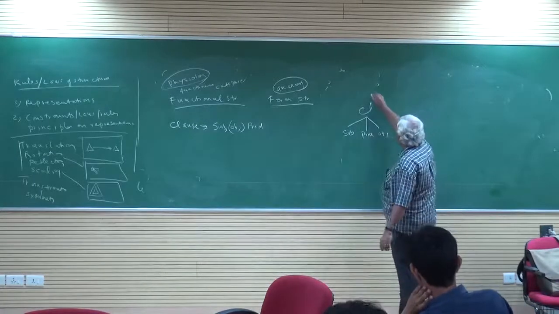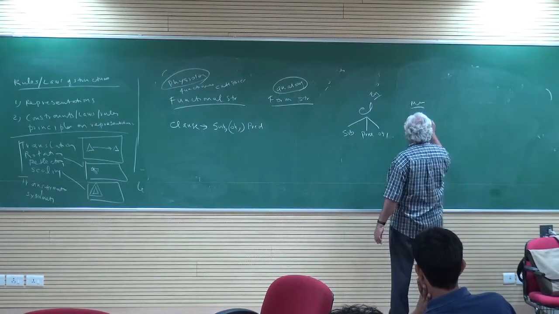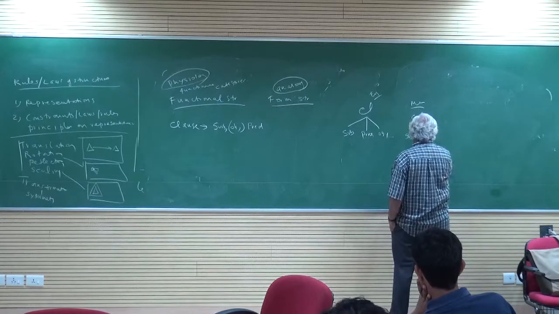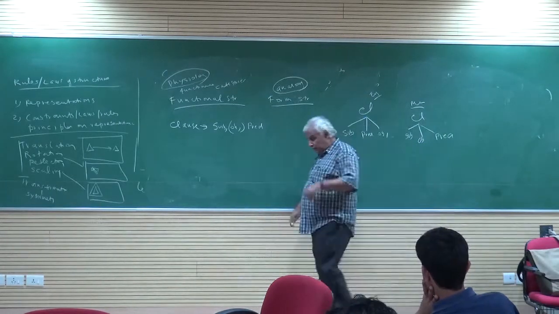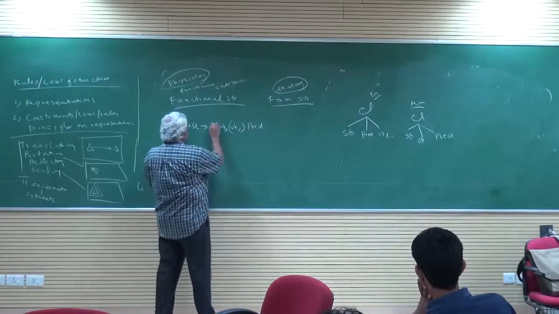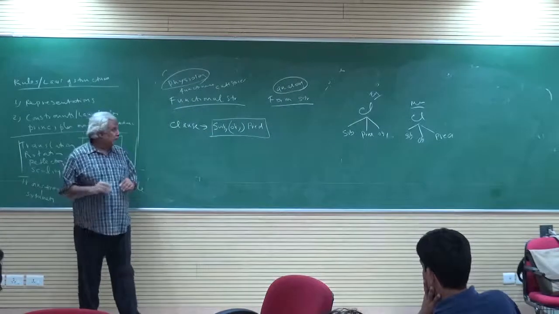And this is English. In Malayalam, you will have a clause consisting of subject, the typical order being object here and predicate here, but the other orders are also possible. So this part applies to all human languages.